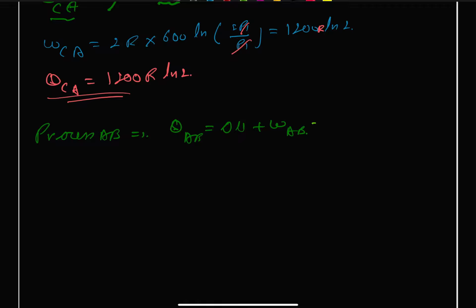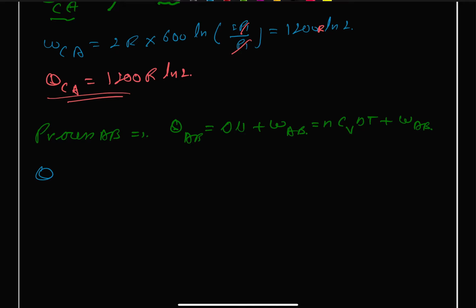This internal energy will be N CV delta T plus the work done of AB, and WAB we already calculated. So this is quite simple now.